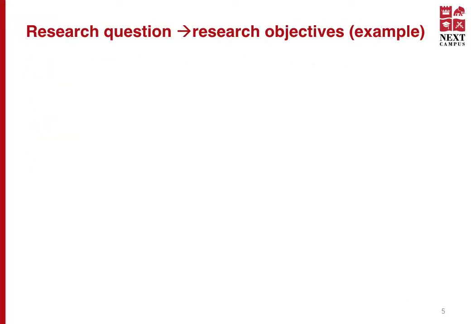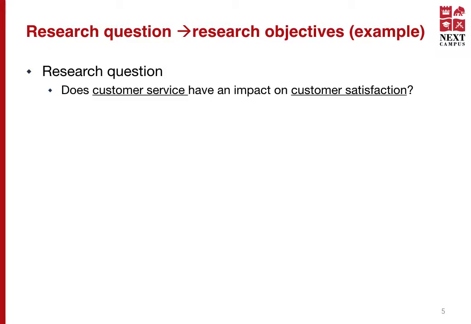To make it simple, let's look at one research question. Does customer service have an impact on customer satisfaction? It's a very good research question relating to marketing. Here again, we have 2 concepts. The first one is customer service and the other one is customer satisfaction. Now let's see how we can operationalize this research question with a couple of research objectives.